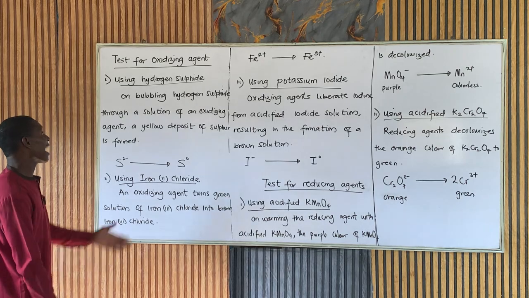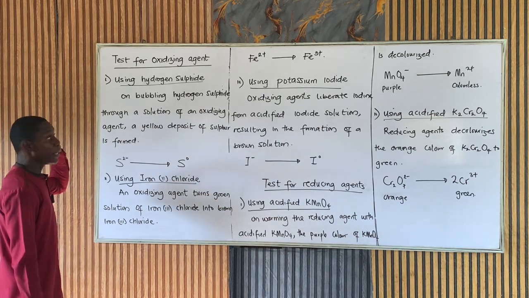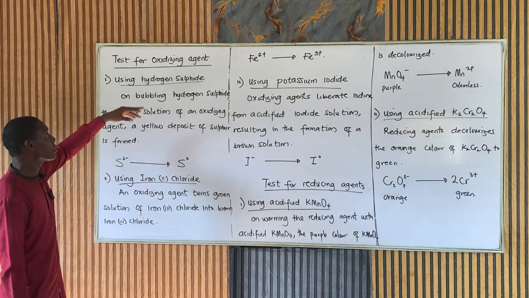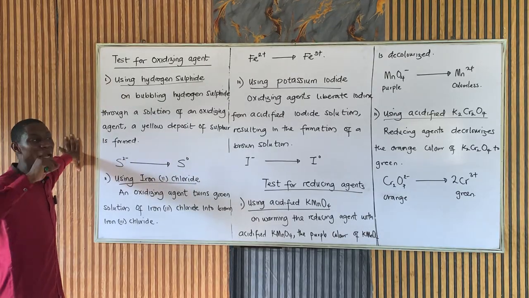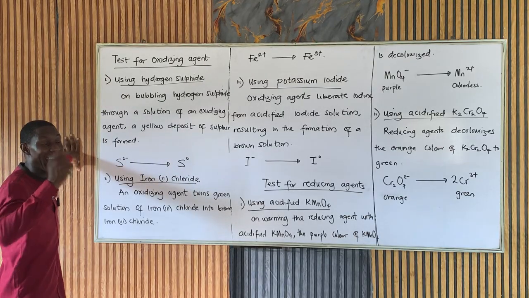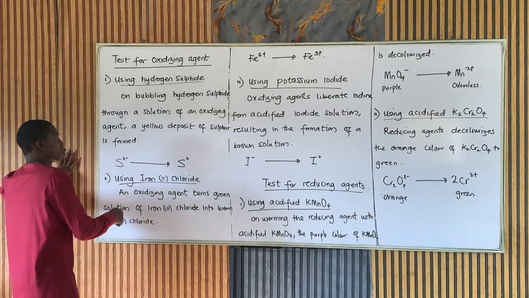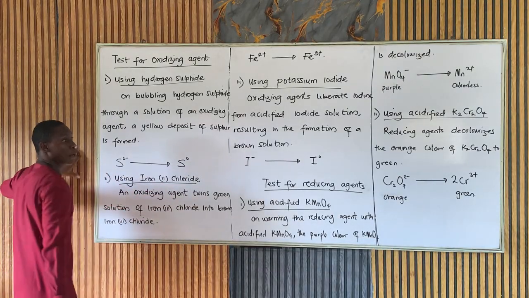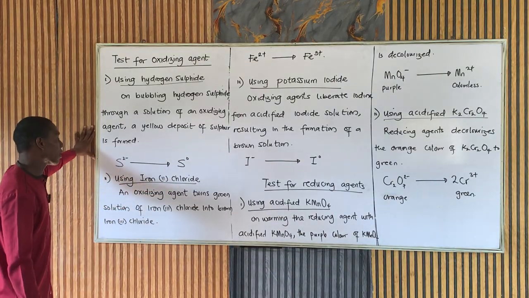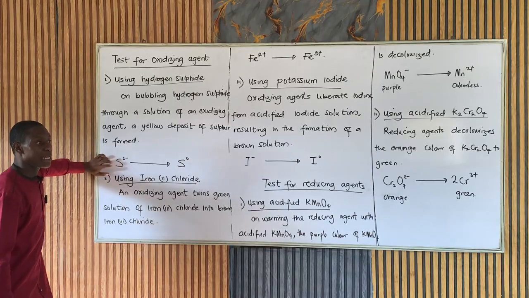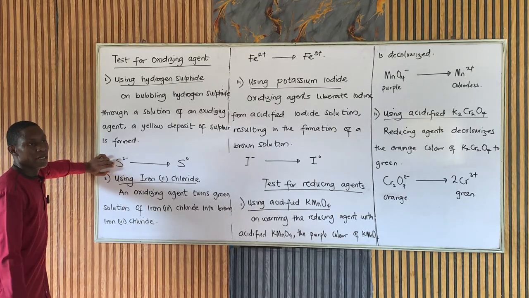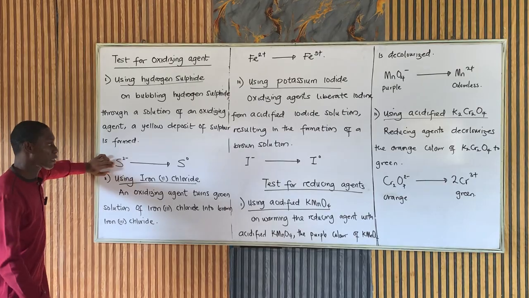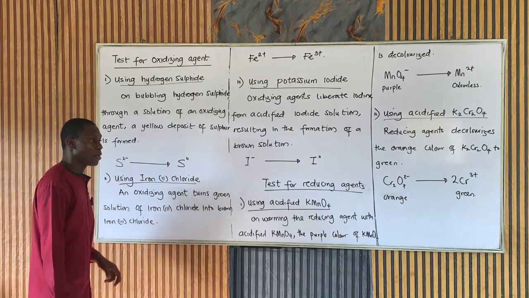For hydrogen sulfide, if you add hydrogen sulfide to an oxidizing agent, it quickly oxidizes the sulfur in hydrogen sulfide to sulfur. That's because the sulfur in the hydrogen sulfide will lose 2 electrons to be deposited as sulfur.